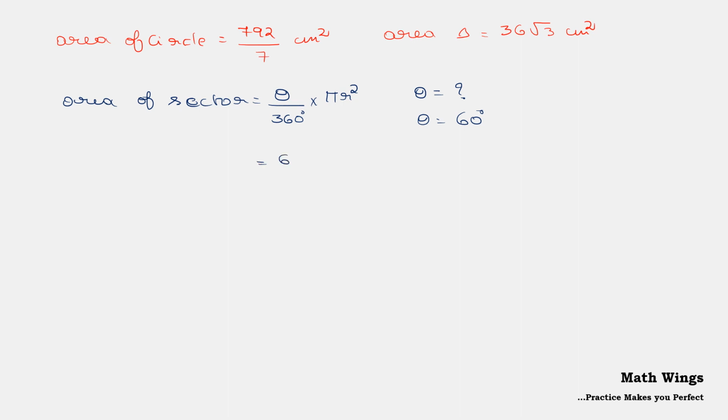Here 60 degrees divided by 360 degrees into, we can use just 22 by 7 for pi, into r square, that is 6 into 6. So here, 6 ones are 6, the 6s cancel, and the answer is 132 by 7 centimeter square. So how can we simplify this one?